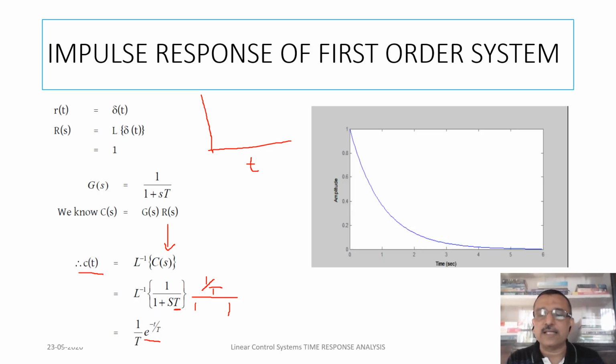When t on the x-axis increases, the value of c of t will decrease, and finally it will become 0. So when you give an impulse to a first order system, there's a spike and it decays off. That feel also should be there. So that is about impulse response.